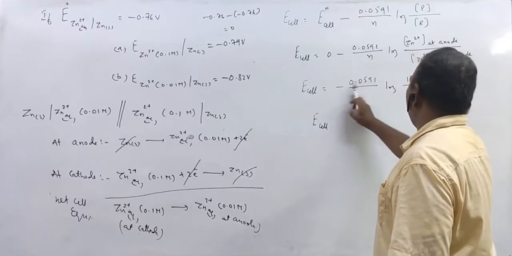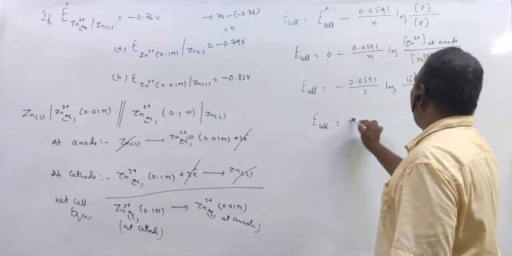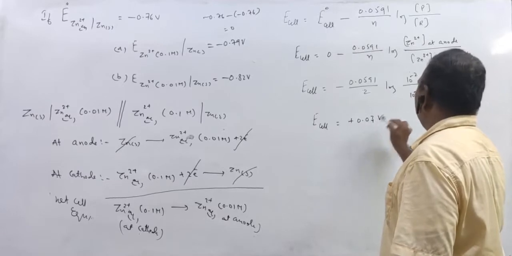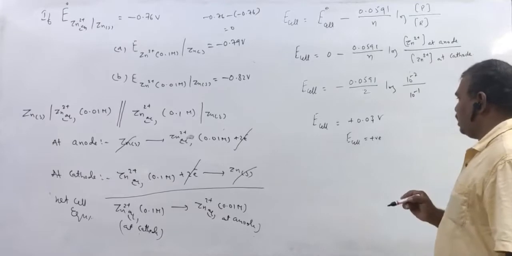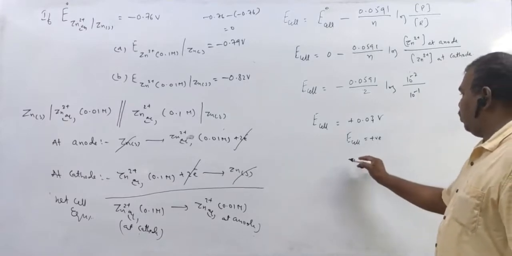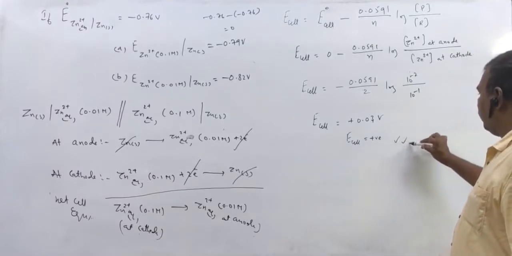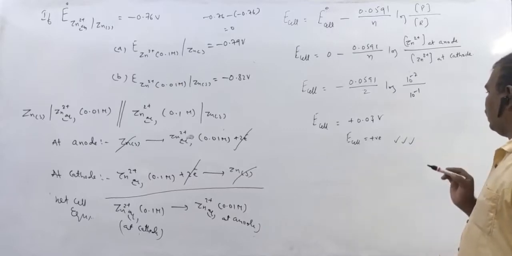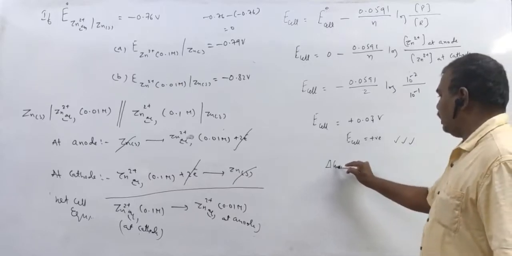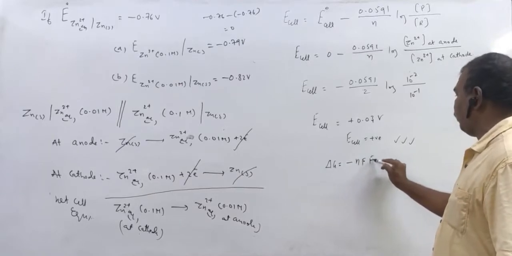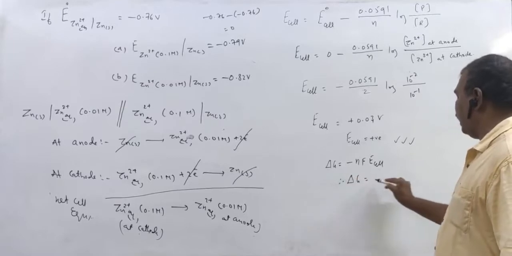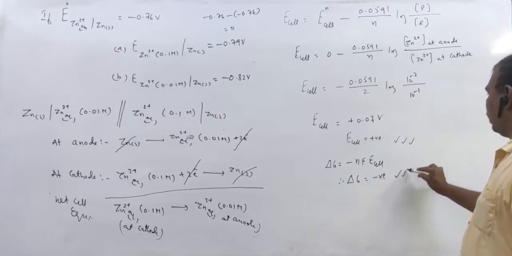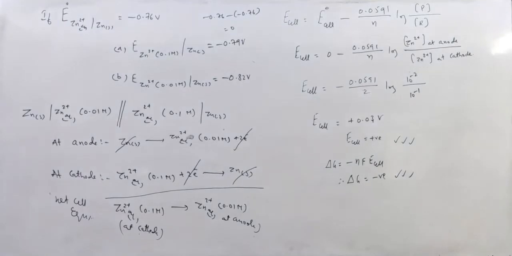E cell is equal to 0.03 volts. Now E cell is positive. So therefore, the cell works and produces electrical energy. Del G is minus nFE cell. E cell is positive, therefore delta G is negative. Reaction is spontaneous. So this reaction will happen.